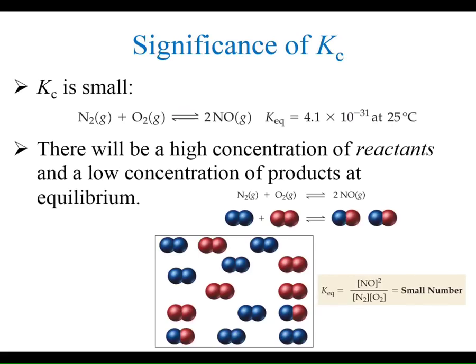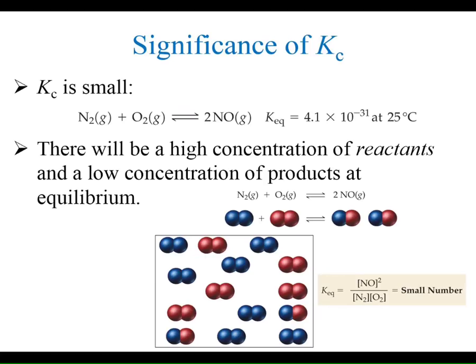If I have products over reactants, and it's this tiny of a number, that means I'm dividing by a huge number down here and have a tiny number on top. So I must have a lot of the reactants.